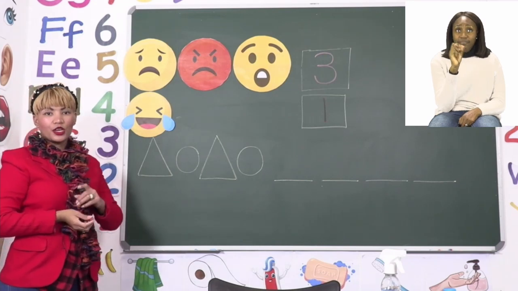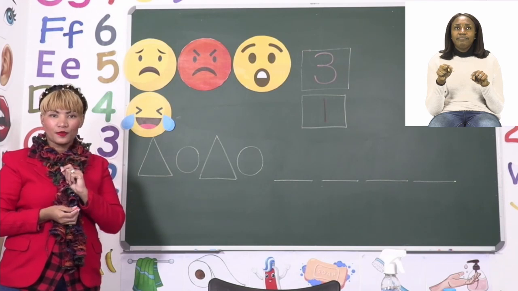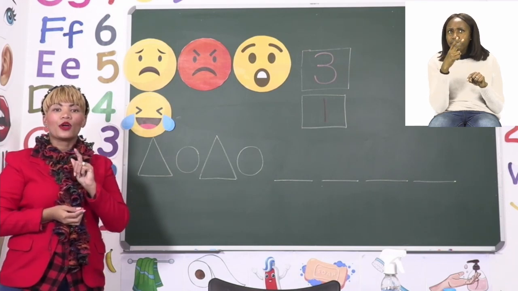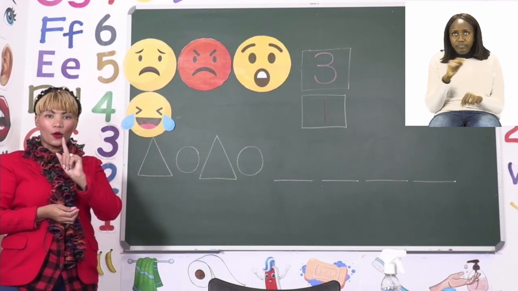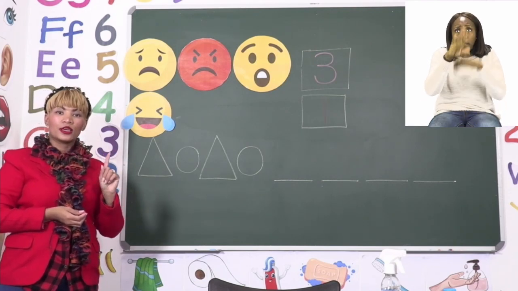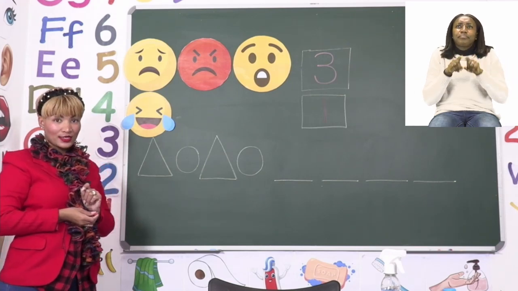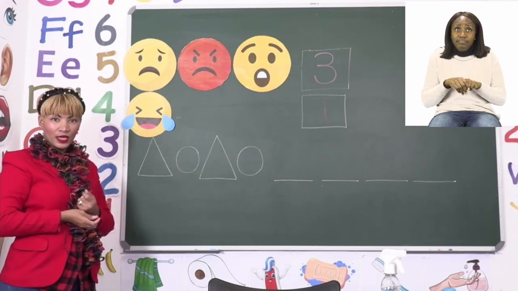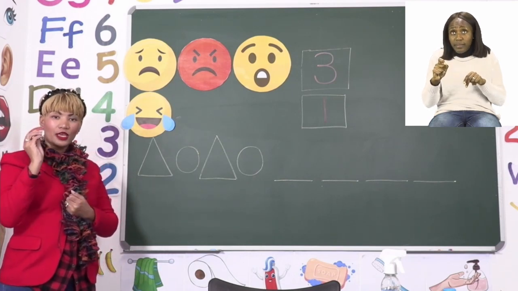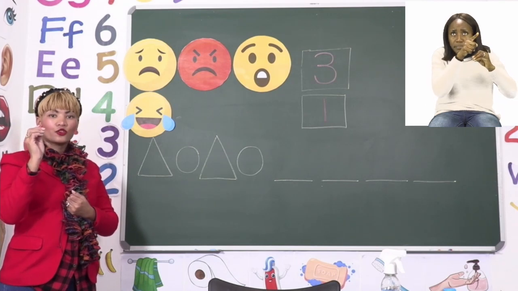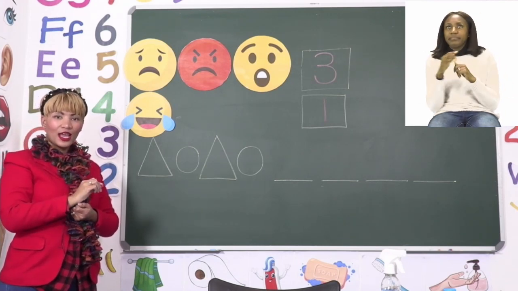Okay. Now, boys and girls, if you have to match, it means you have to take your pencil and draw a line from the picture to the matching number. Do you understand? Let me repeat. In order to match, you have to take your pencils and draw a line from the picture to the matching number.